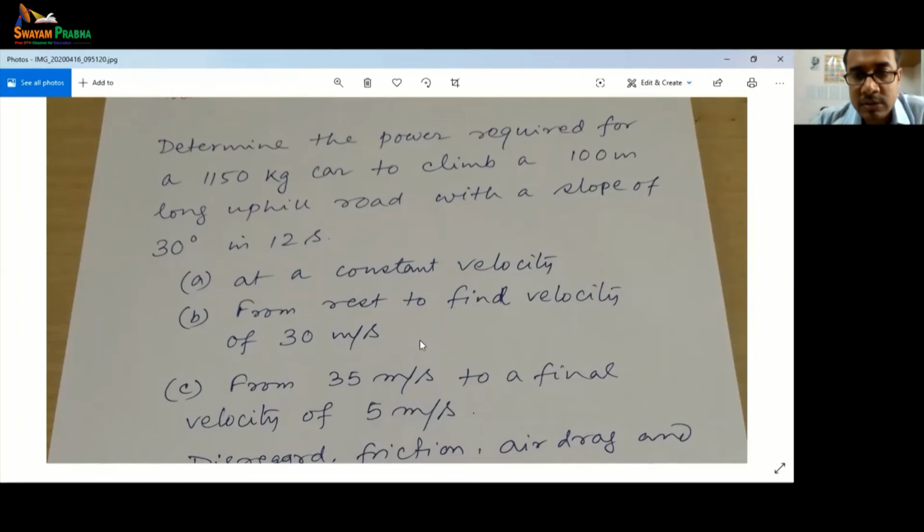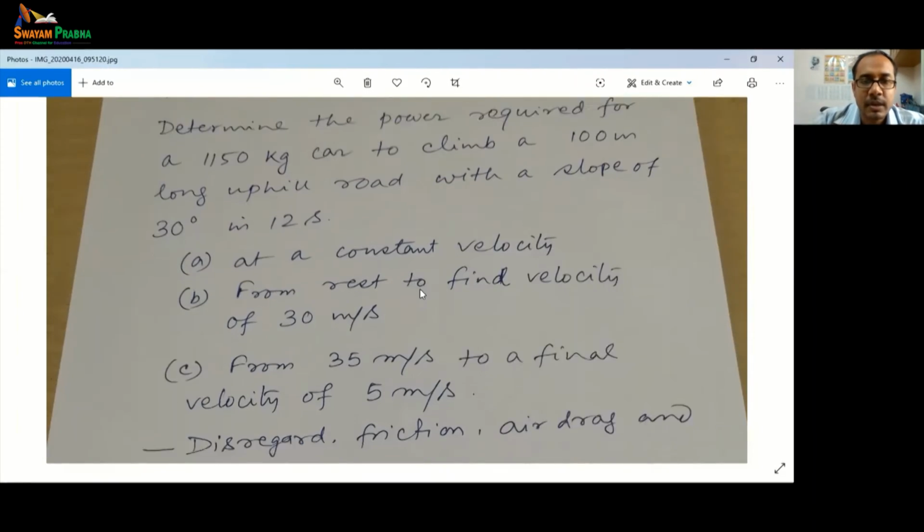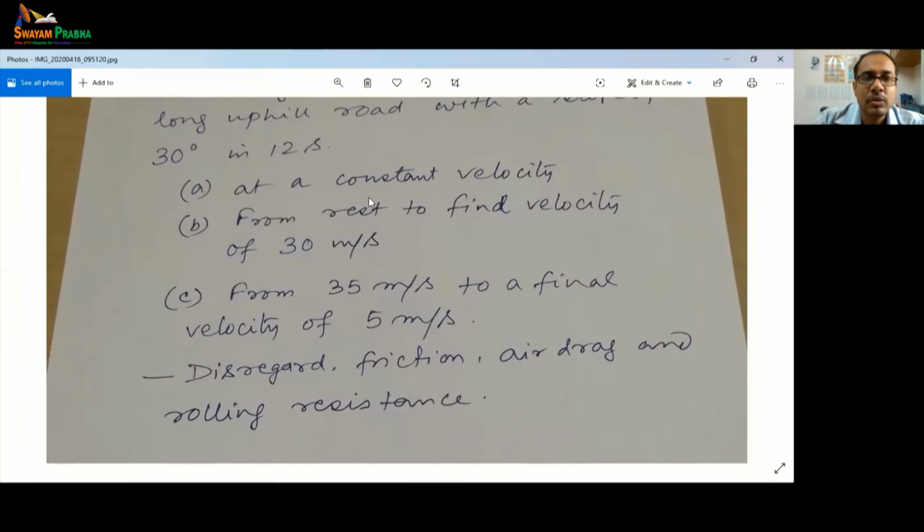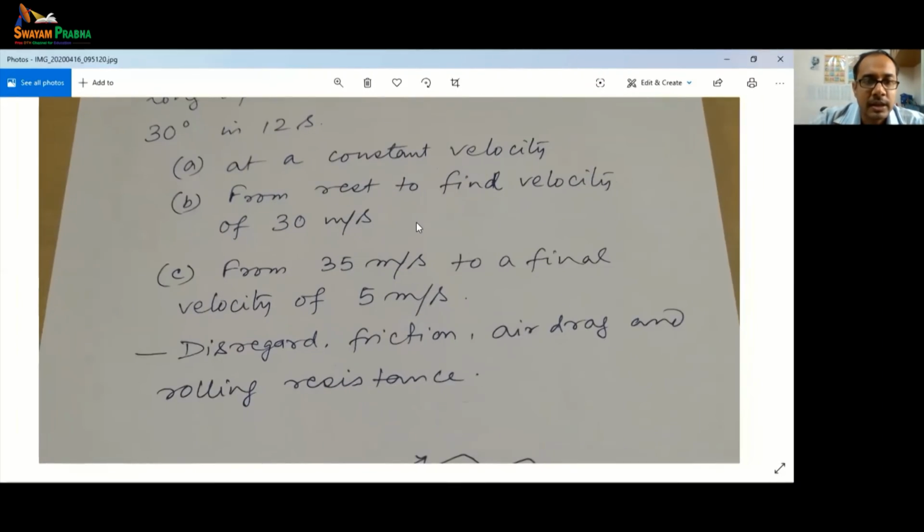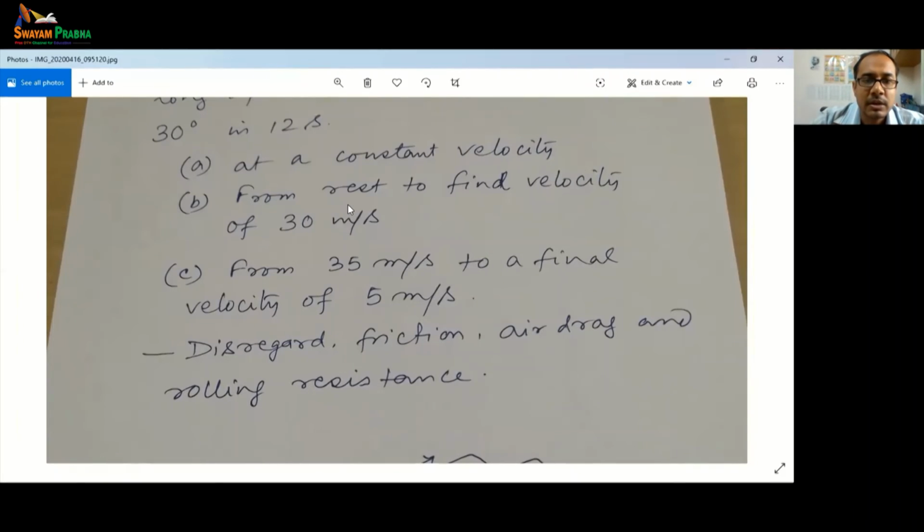Now we are considering three cases here. Case A, if the whole thing happens at a constant velocity, so the uphill movement happens, but the velocity does not change anywhere. Case B, when the car starts from rest at the bottom point of the uphill road, and the final velocity is 30 meters per second when it reaches the top.